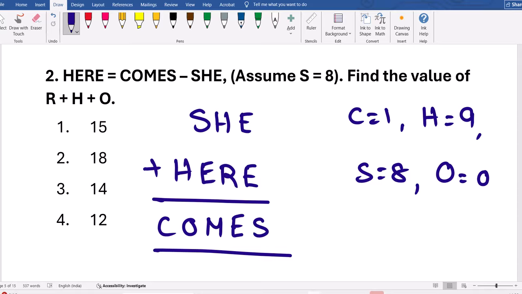We discussed this in the previous one, EAT plus THAT equal to APPLE. A 4-digit number becomes a 5-digit number. H carries 1 from the previous.